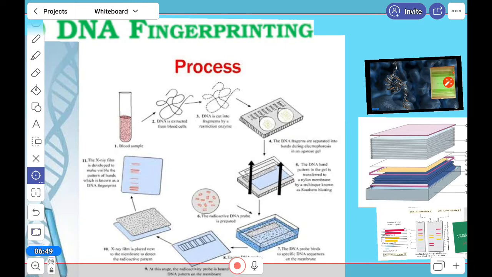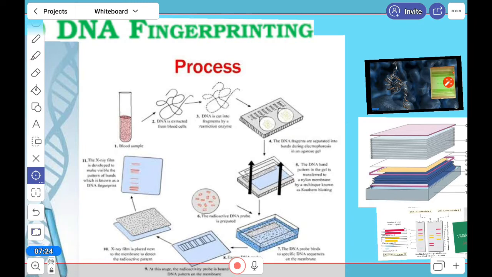So first the DNA will be extracted from the sample that I already told you about, and after that the DNA is fragmented. Here we will apply restriction enzymes. In biotechnology, everything will be discussed. When the restriction enzyme acts, the gene and non-gene portions will be fragmented.